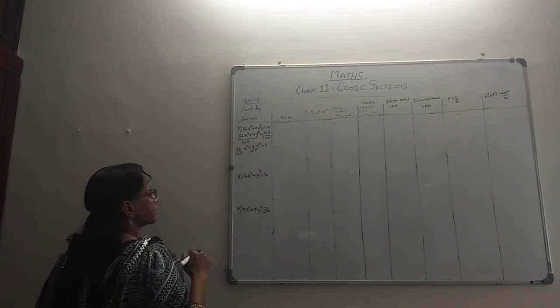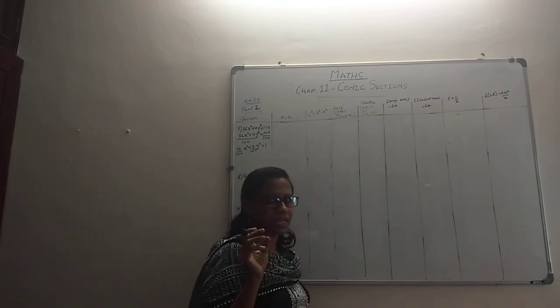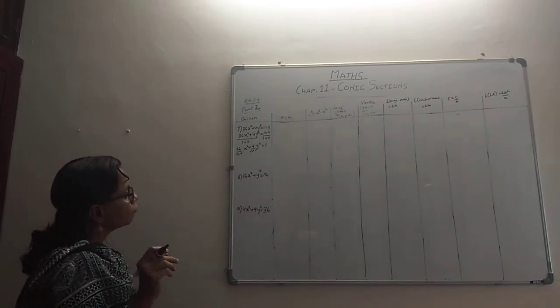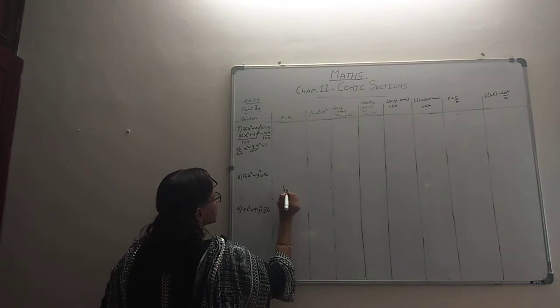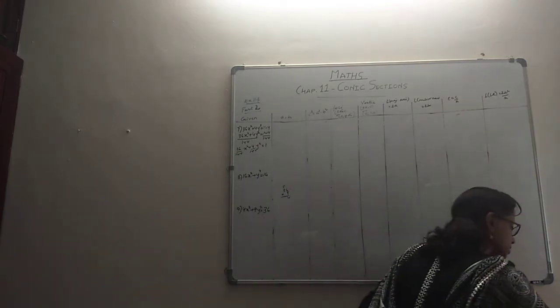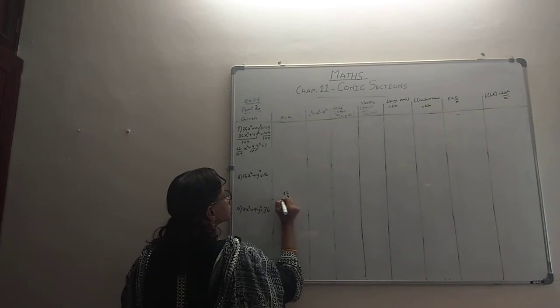So at least this much has become standard now. 36 and 144 are very favorite numbers, and you should know all their factors so that you don't waste much time in solving it. 36 how many times is 144? 36 4s are 144, yes, 4 times.